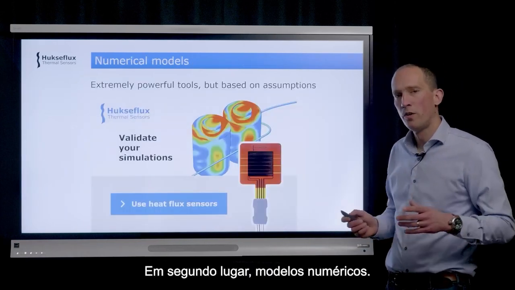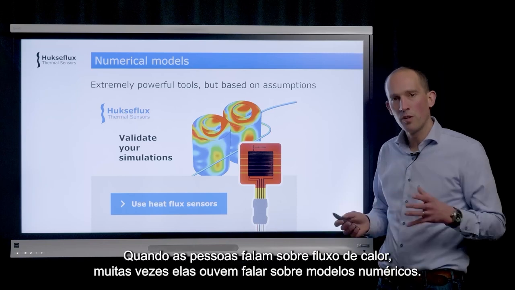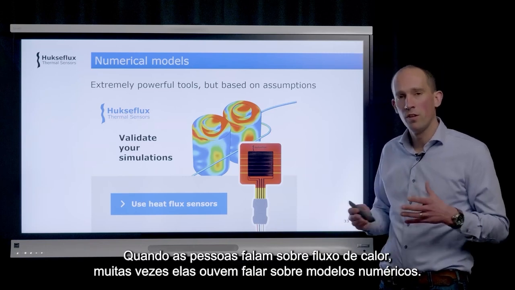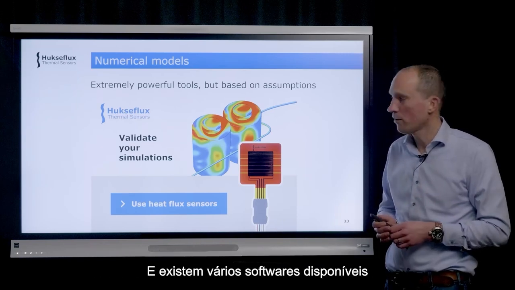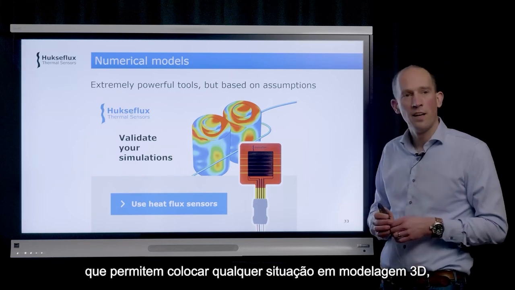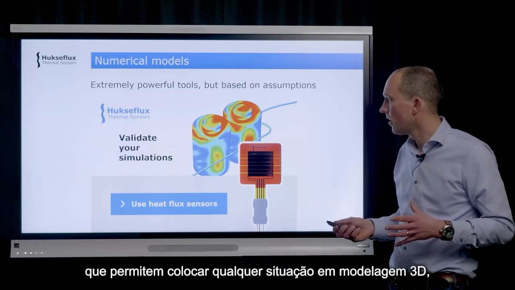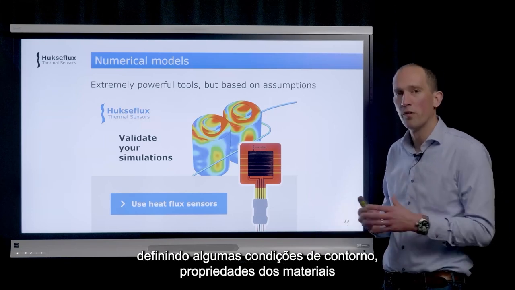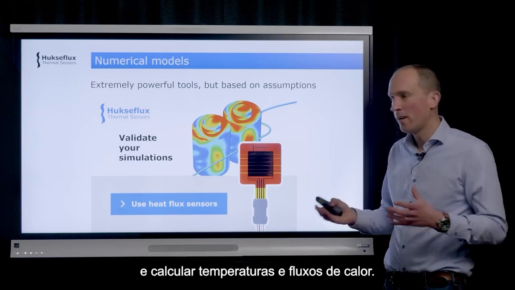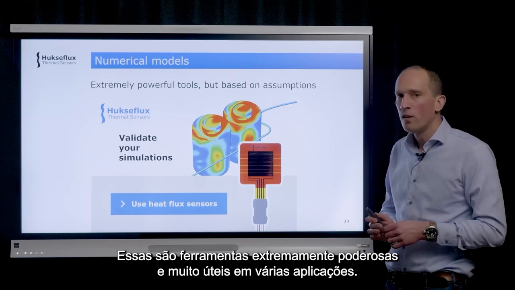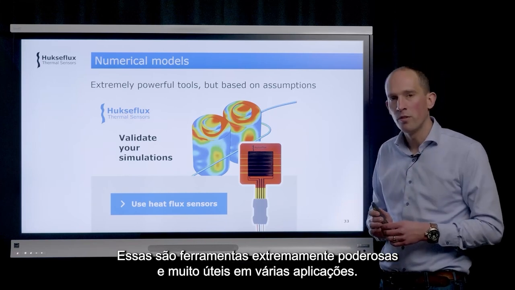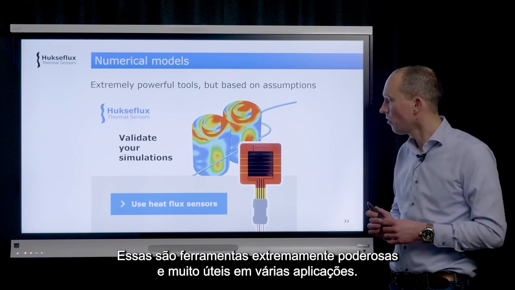Secondly, numerical models. When people talk about heat flux, they often talk about numerical models, and there's a lot of software available that allows you to put any situations into a 3D modeling software, set some boundary conditions, material properties, and then calculate temperatures and heat fluxes. Those are extremely powerful tools and very useful in a lot of applications.